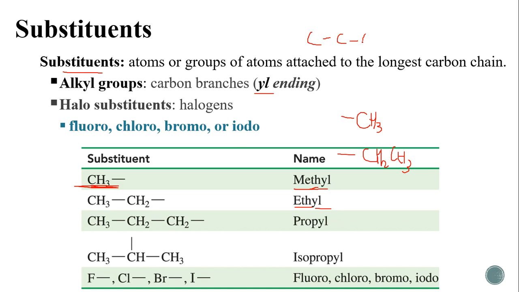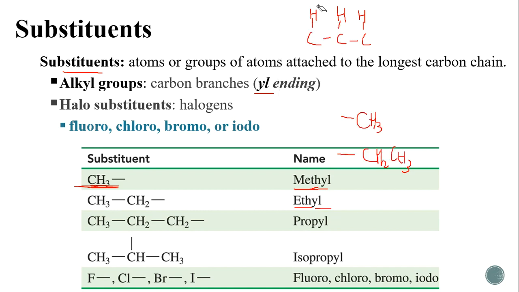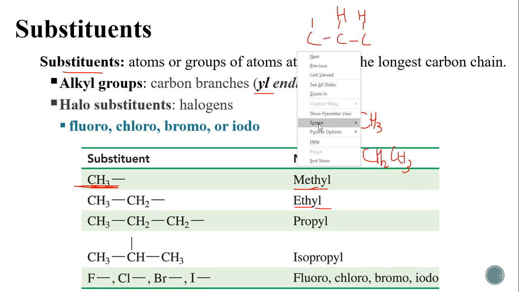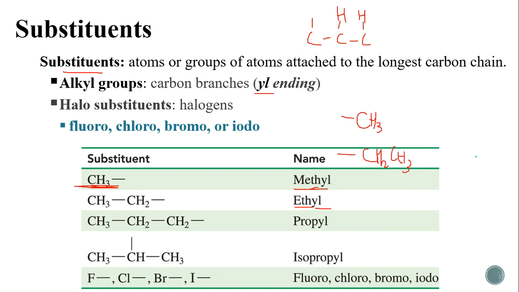So here's our carbon chain, and it was hydrogen, hydrogen, hydrogen, for example. If I took one of those hydrogens off and replaced it with a chlorine, that would be a halo substituent. I replaced it with a halogen.